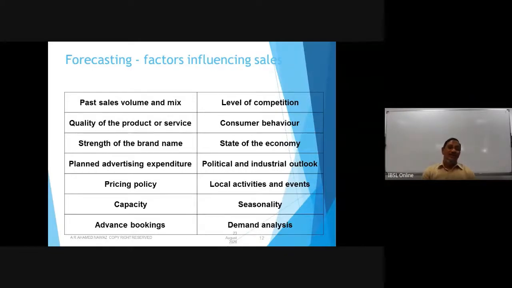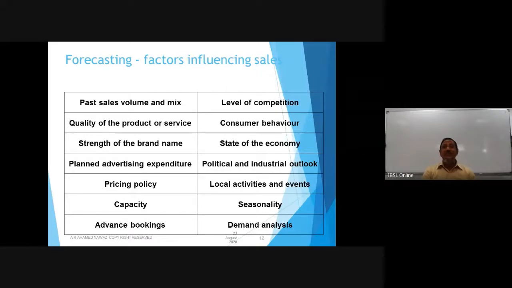So that expenditure is not productive. So identify and select what type of advertising campaign you are going to run, which market you are going to address, and whether the advertisement is reaching that particular market. Okay, so these are affecting the sales.